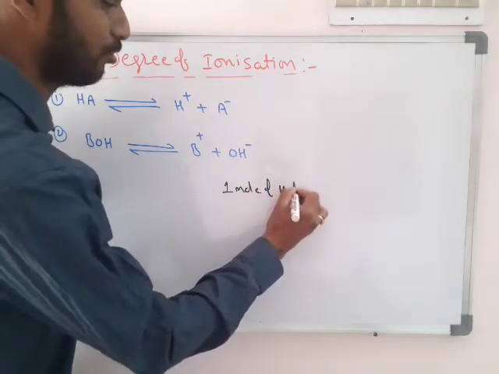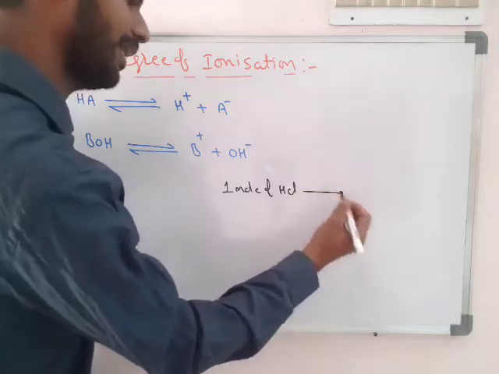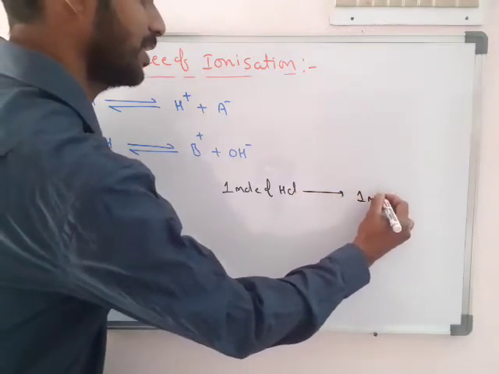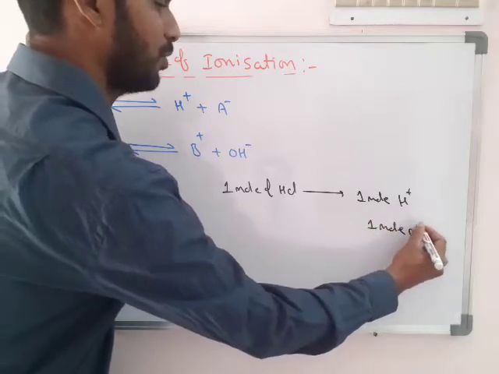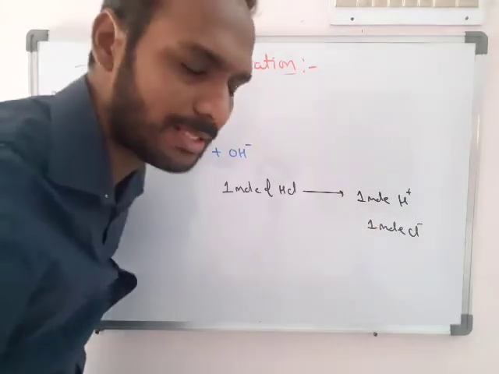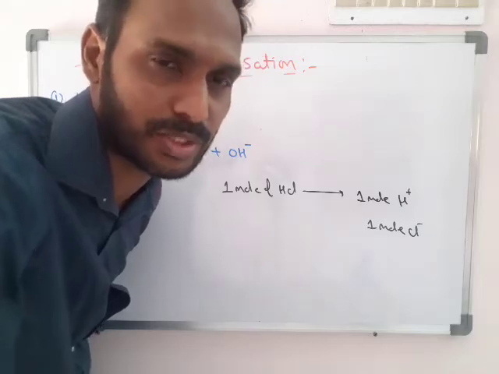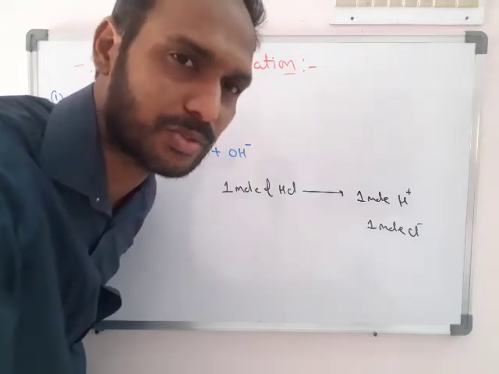If it releases exactly 1 mole of H plus and 1 mole of Cl minus, this is known as 100% dissociation.